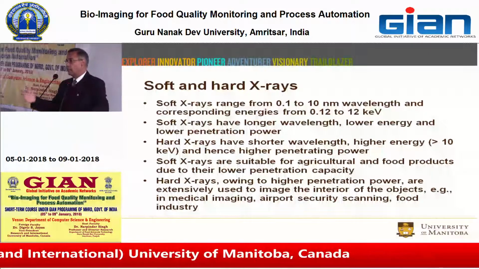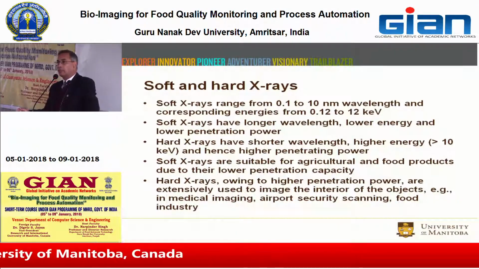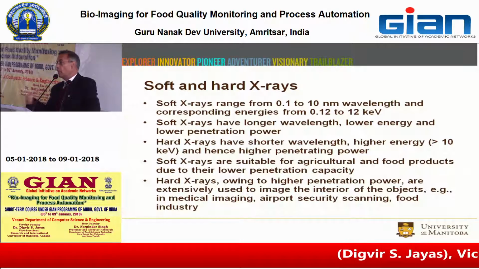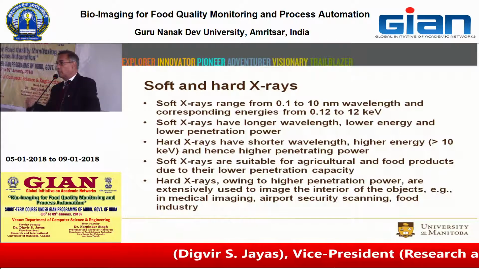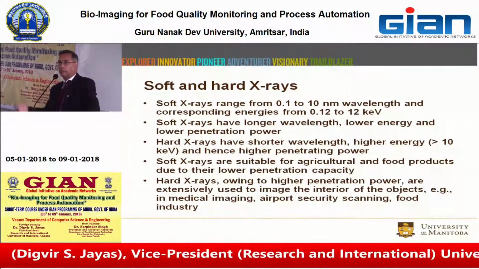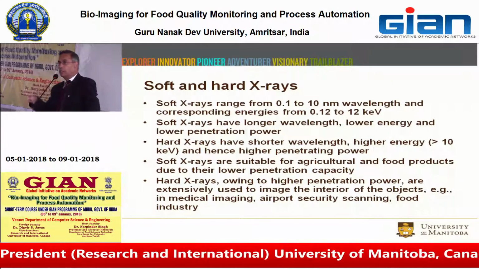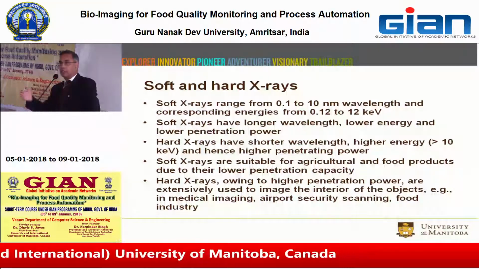So you want to make sure that any material you are packaging doesn't have the bone. Soft X-rays would not be able to penetrate the thickness of the chicken breast. So you would have to use the hard X-rays to detect, for example, the bone in the boneless meat packaging.